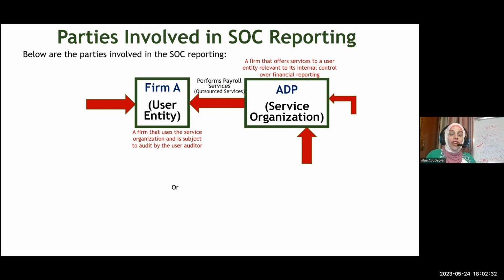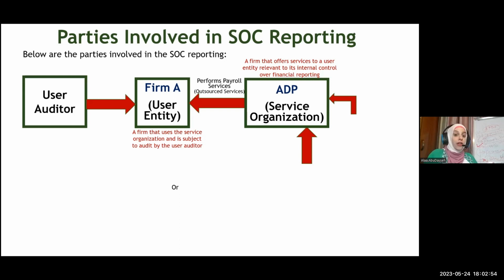So we want the internal controls for ADP to be strong, to ensure that the payroll information of firm A processed by ADP is going fine and they have the proper controls, because this will impact firm A's financials if the controls were weak in ADP and they made mistakes, right?